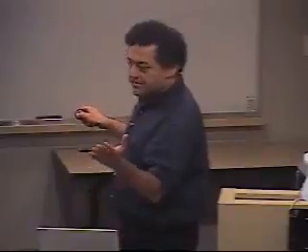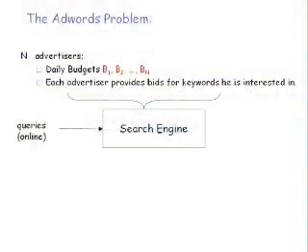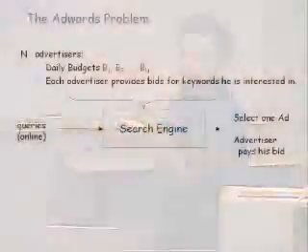So suppose there are n advertisers, and they have daily budgets of B1 through Bn, all specified, and they have made bids for some keywords. All of their bids and keywords are specified. An advertiser can have different bids for different keywords and a single daily budget for all of the keywords. Okay, and the job of the search engine is that as queries come online, the search engine, like say Google, has to select one advertiser.